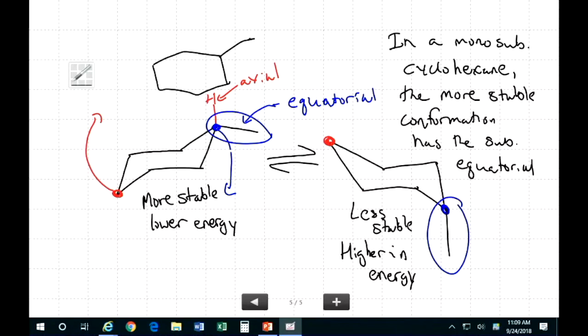Now, both of these conformations are possible.